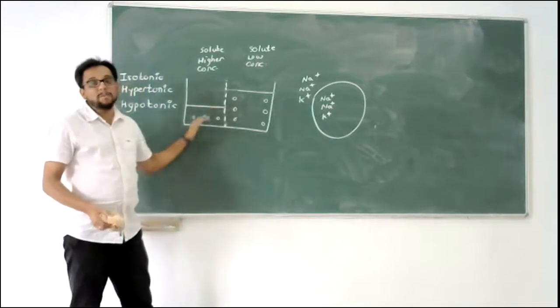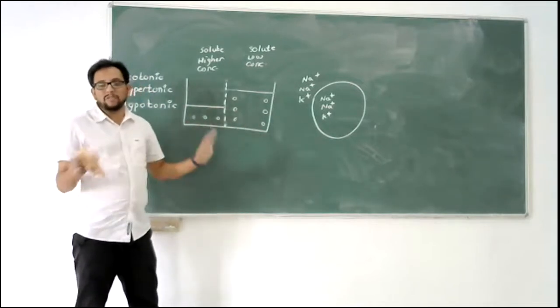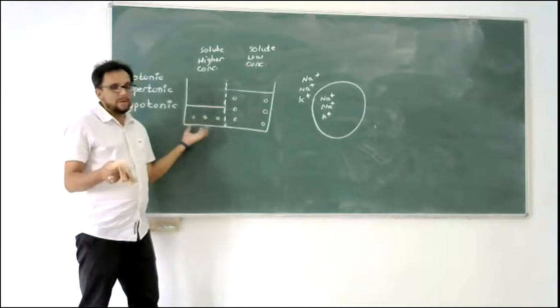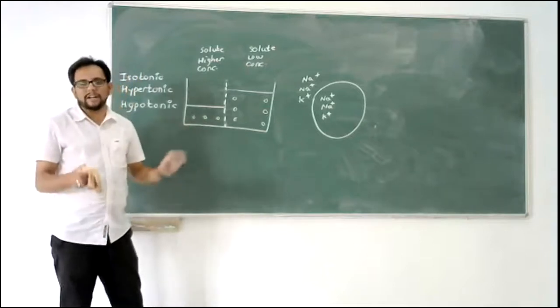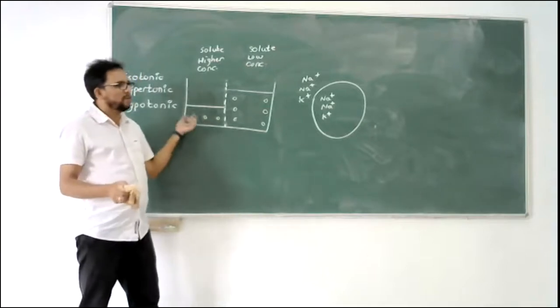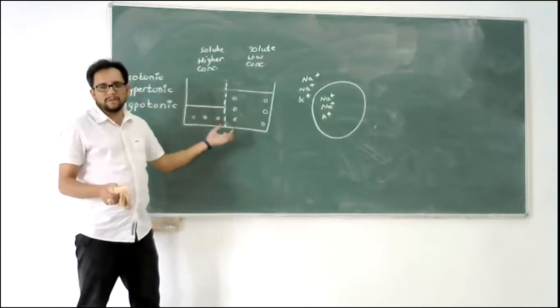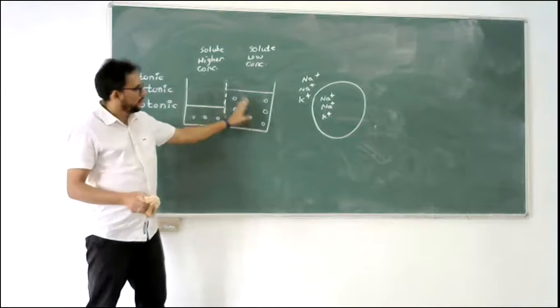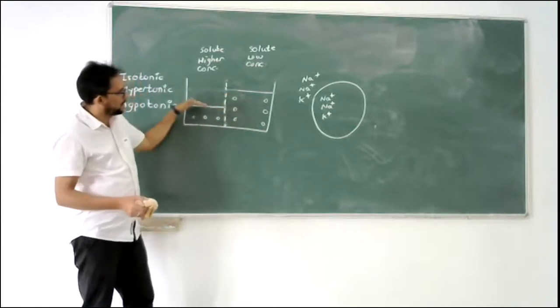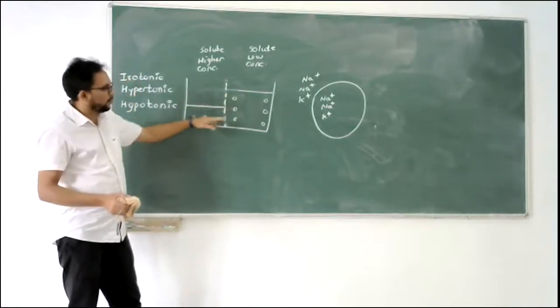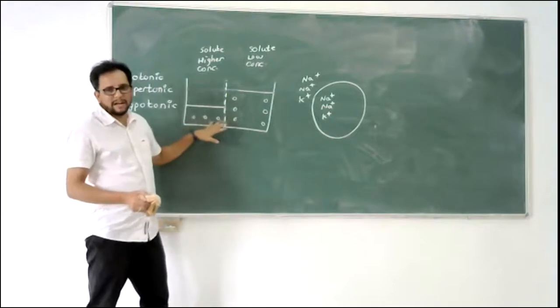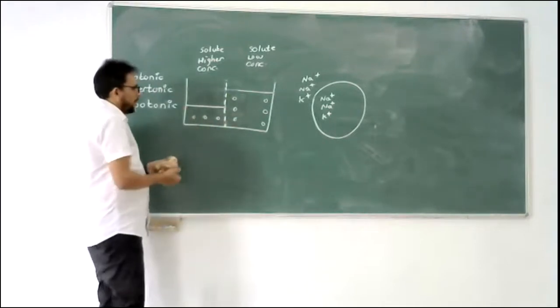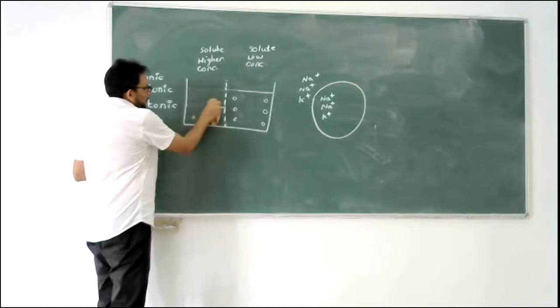Yeah, volume can be different. Volume is not considered here. Tonicity is not as such related to volume. Tonicity is related to the number of solute molecules per how much of the solvent volume. So if we reduce the quantity by half and the solute is also half, they are still isotonic in nature. I hope this part is clear.